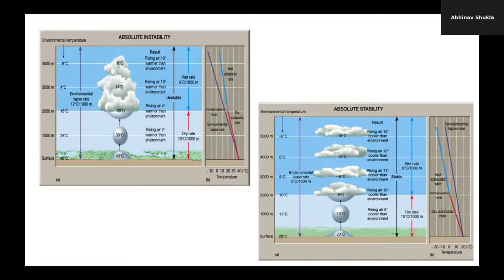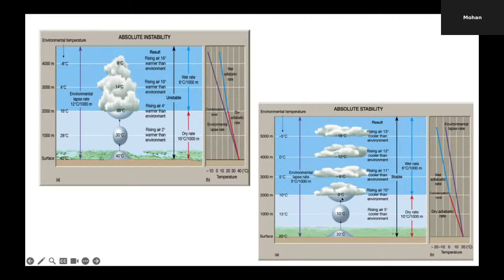But sir, if the parcel temperature is less than the environmental temperature, it should stay near the Earth's surface. Why is it going up? It is still showing in the picture that it goes upward and then comes back.